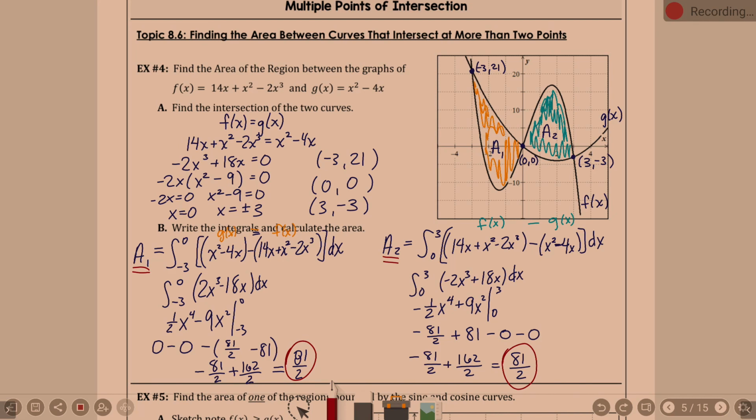The point I was trying to get here is that A1 plus A2 is what you need to do to get the total area, right? So we were at 81 halves plus 81 halves, which is 81.